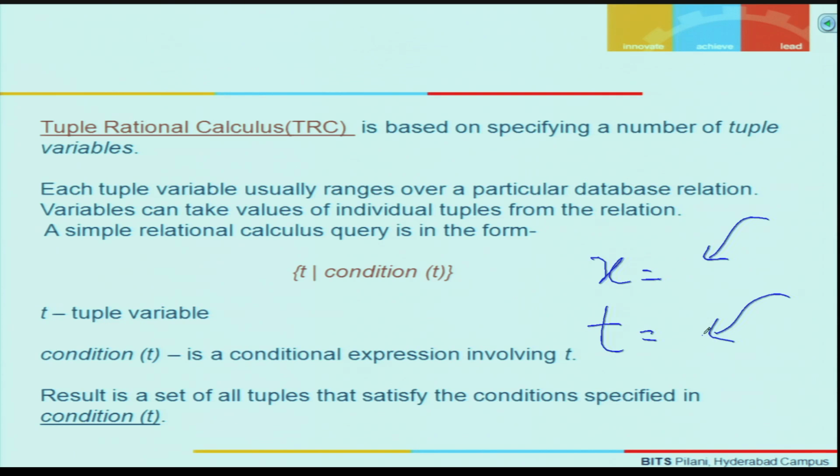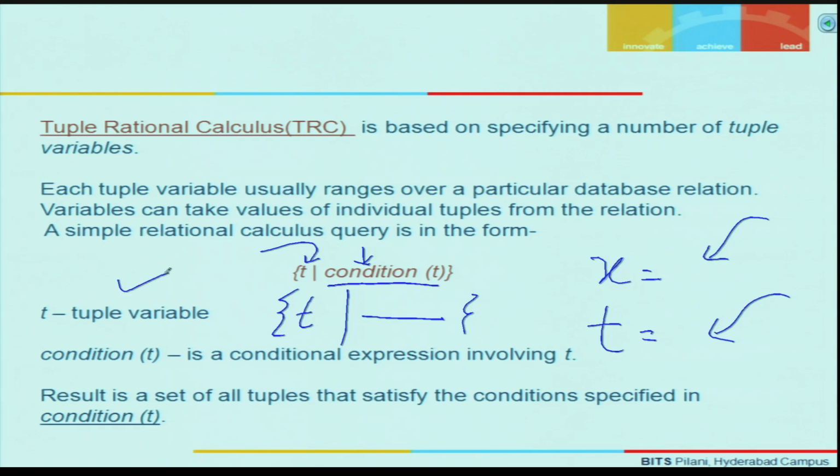A simple relational calculus query is in the form: it starts with a curly brace and always ends with a curly brace, and in between, T such that the condition. That means show me or get me all the tuples where the tuple satisfies the condition specified in this formula.